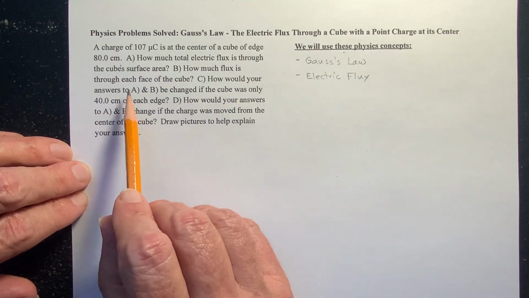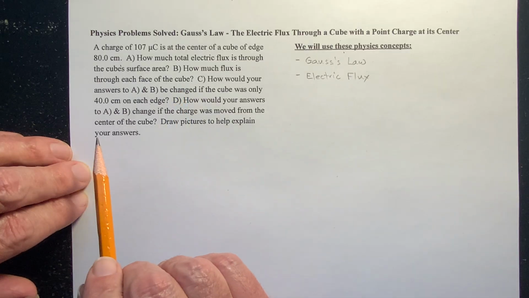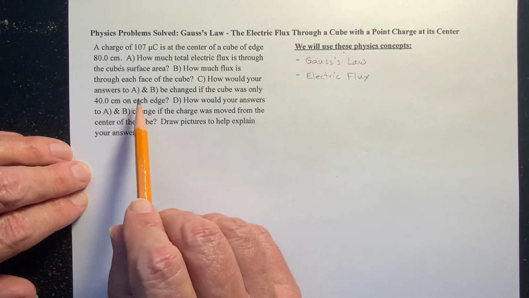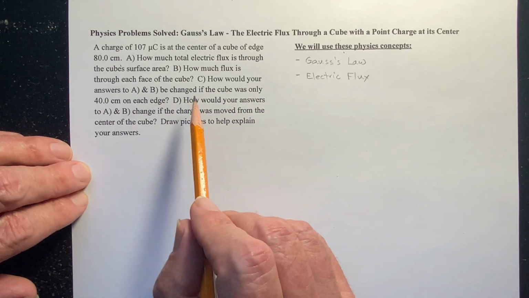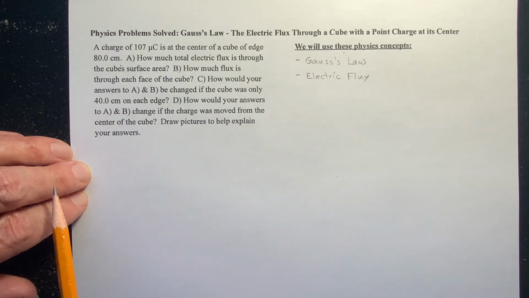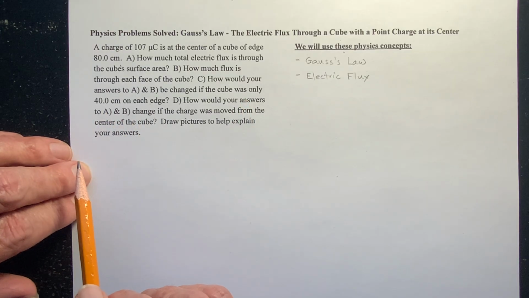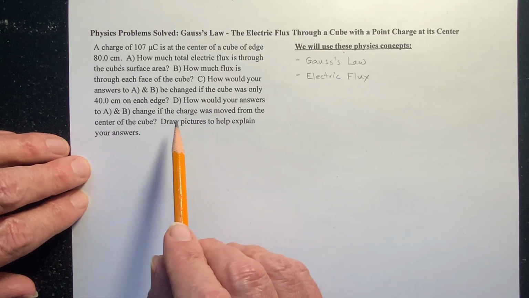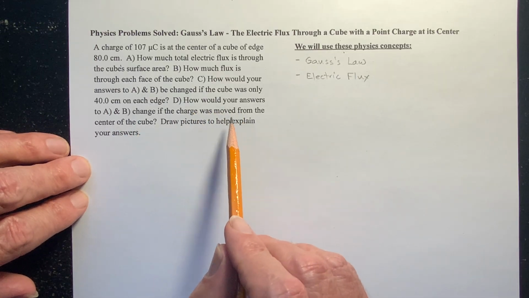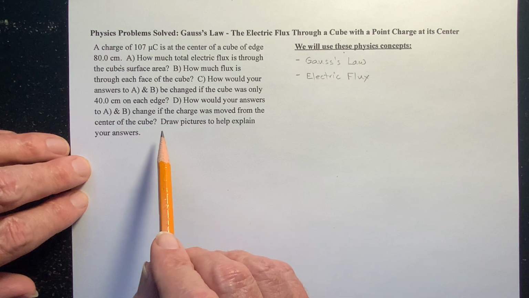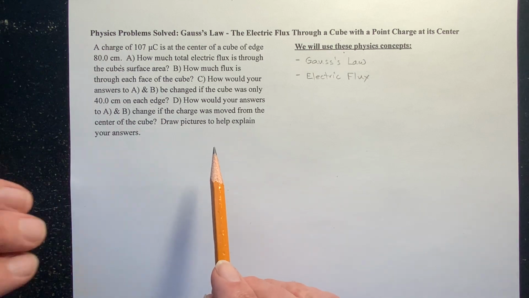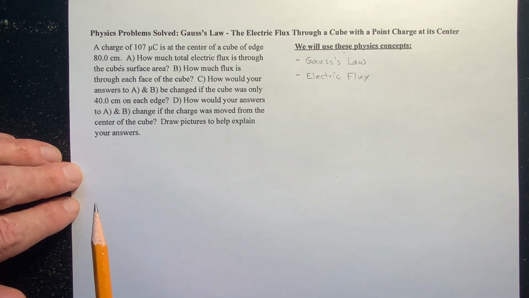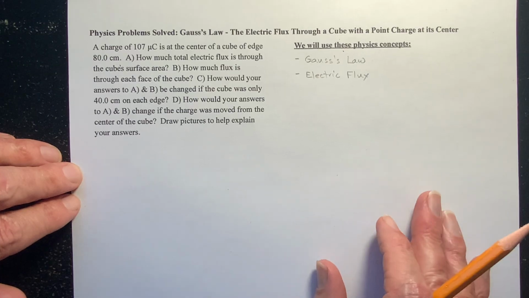How much flux is through each face of the cube? And how would your answers to A and B be changed if the cube was only 40 centimeters on an edge? And then D, how would your answers to A and B change if the charge was moved from the center of the cube, but it's still in the cube? And draw pictures to help explain your answers.